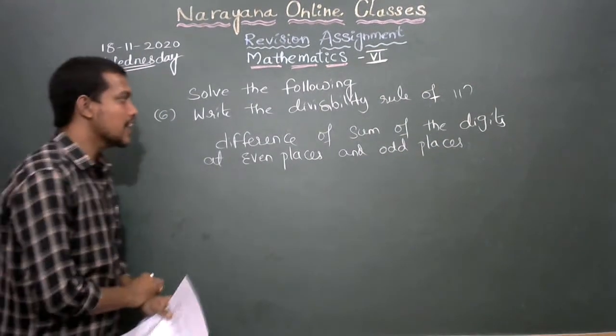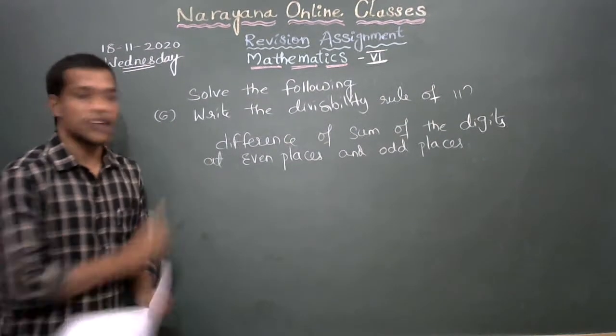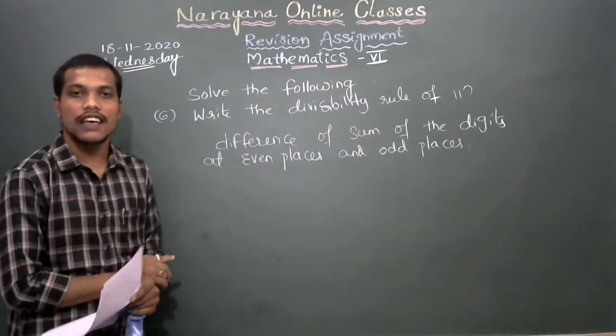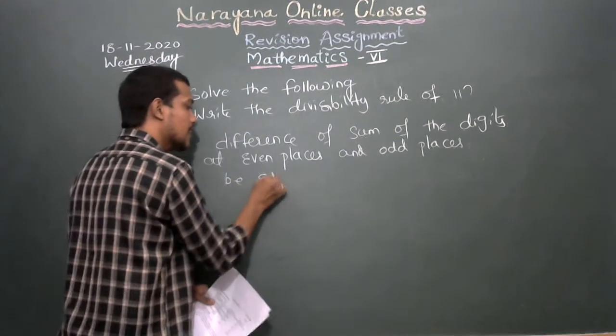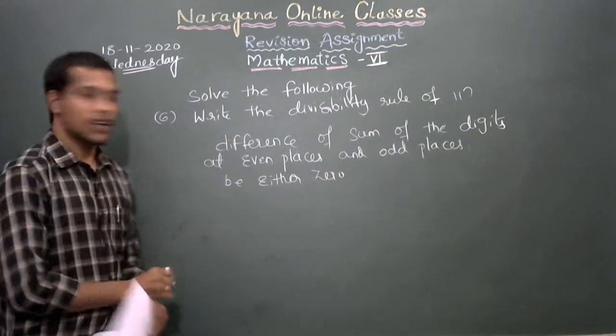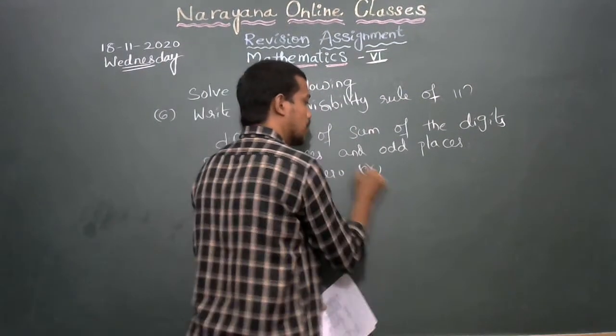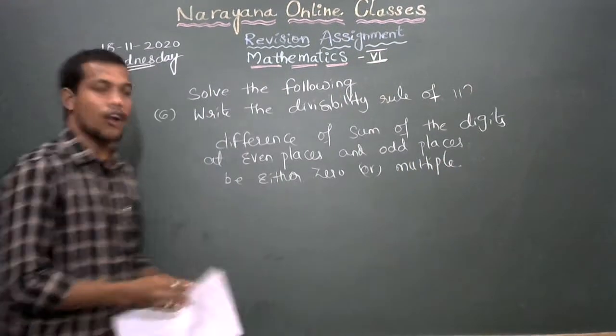So this is the definition of the divisibility rule of 11: the difference of the sum of the digits at even places and odd places should be either 0 or a multiple of 11. Now next question.